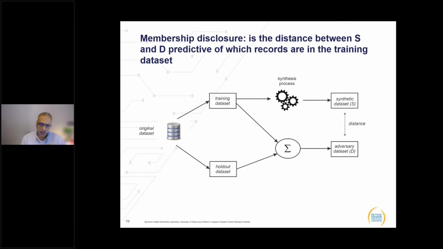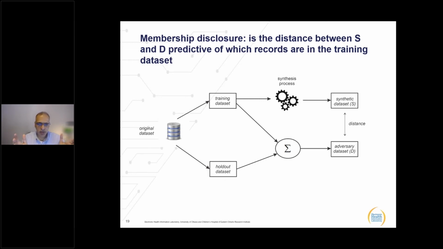And then you measure the distance between your synthetic data and your full data set, your training and your holdout, and see whether the distance between your synthetic data and the data set that an adversary would potentially have allows you to predict which records are in the training data set. And that way, you're able to estimate whether an adversary can determine if a person was used to train a generative model.